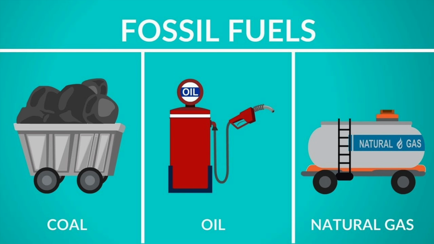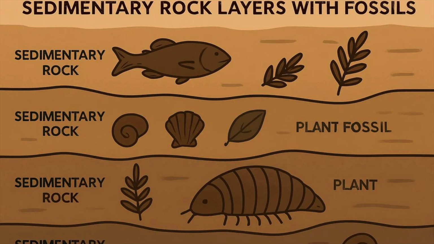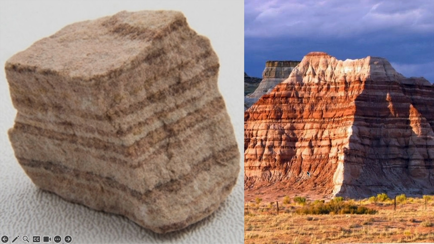Now, with your fossils, you get fossil fuels. What are fossil fuels? Fossil fuels are basically the fuels that are formed from the remains of these ancient animals. So all these ancient animals right here, with time, there's going to be so much pressure, right? So much pressure. You can imagine how much pressure is down here.